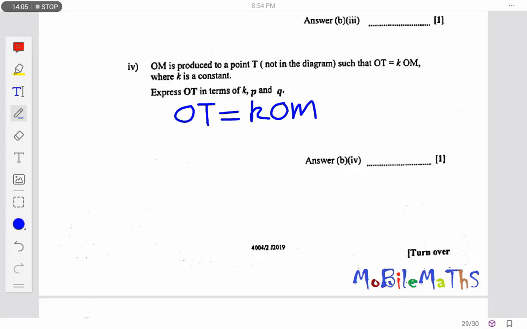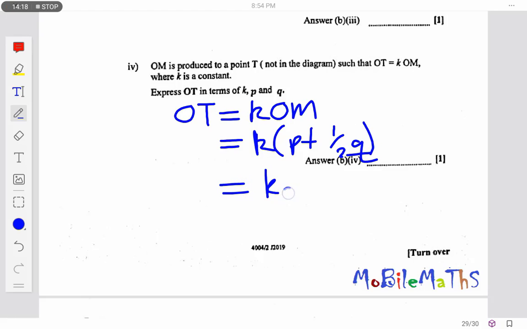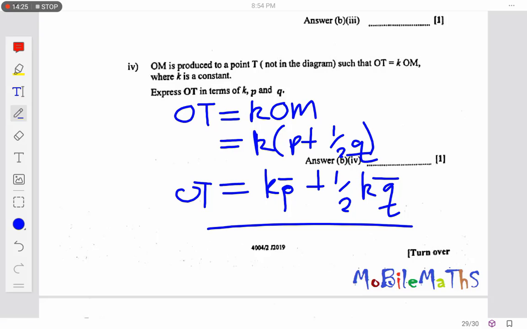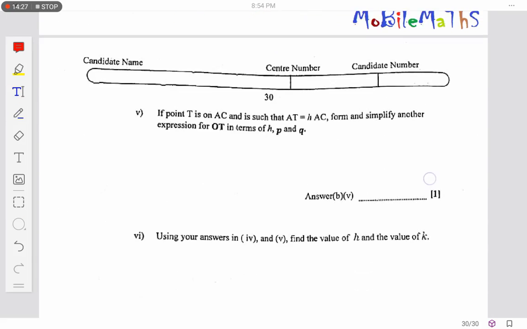We have calculated OM and we said it's P plus half Q. So this is going to be K times P plus half Q. Or if I want, I can remove the bracket and say this is KP plus half KQ. Okay, that's my OT there. Let's go to the next part of the question.